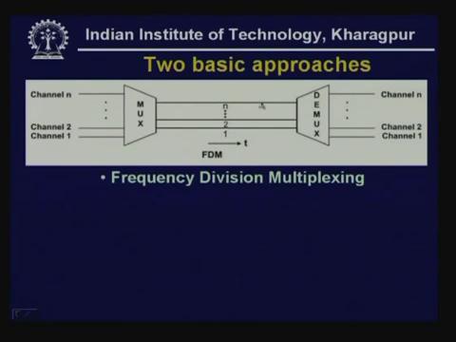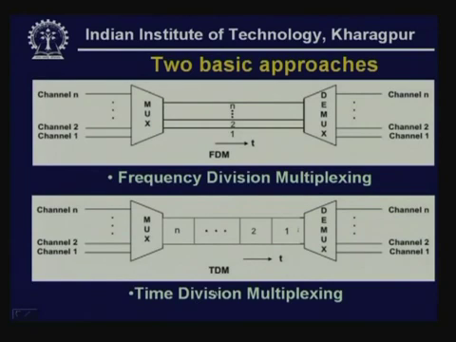The second one is time division multiplexing. Here the approach is a little different. In the previous case all the signals were sent simultaneously, but here it is not so. As you see, the signals are coming from different channels, and time is divided into slots. In slot 1 the signal from channel 1 is sent, in slot 2 the signal from channel 2 is sent, in slot 3 the signal from channel 3 is sent, and in slot n the signal from channel n is sent.